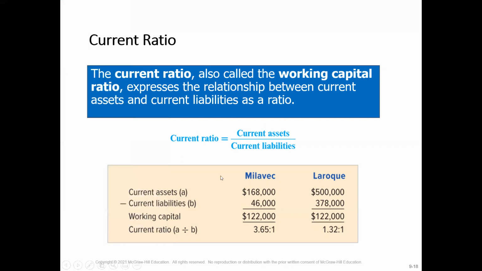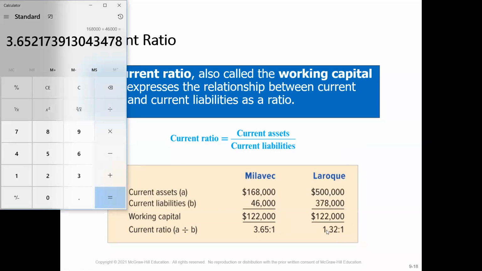So when you get to ratios, you can compare companies of completely different sizes. Yes, Milavec and LaRoque companies have the exact same working capital, but LaRoque's current assets are over 2 times what Milavec's are. And if you did ratio analysis on Milavec versus LaRoque, Milavec had a current ratio of 3.65. LaRoque is not as much.